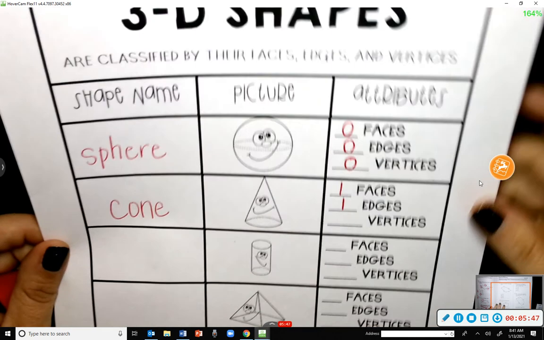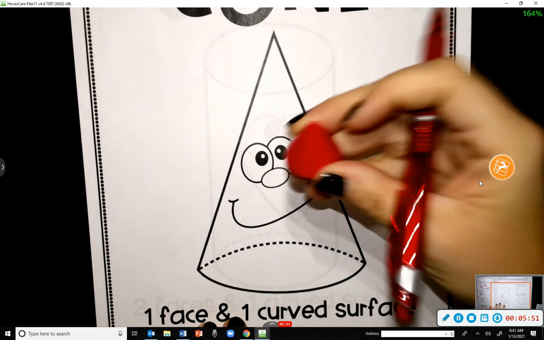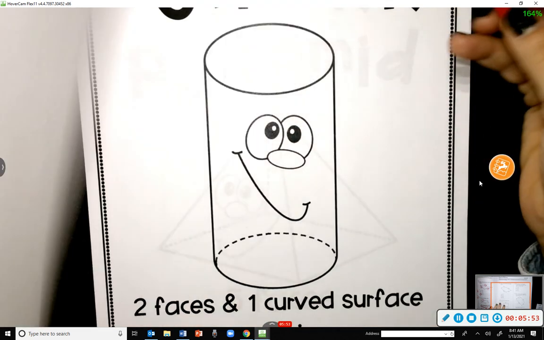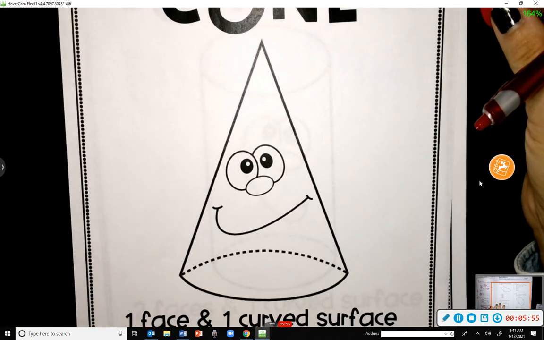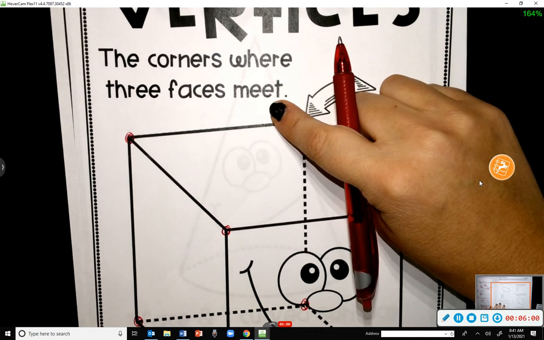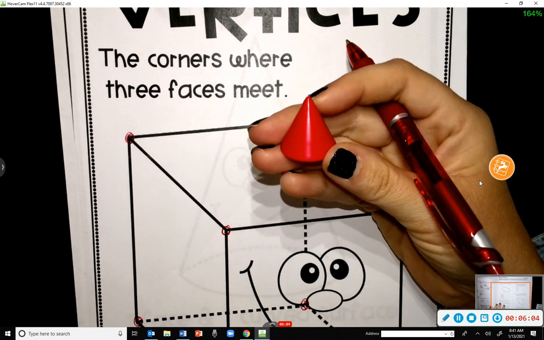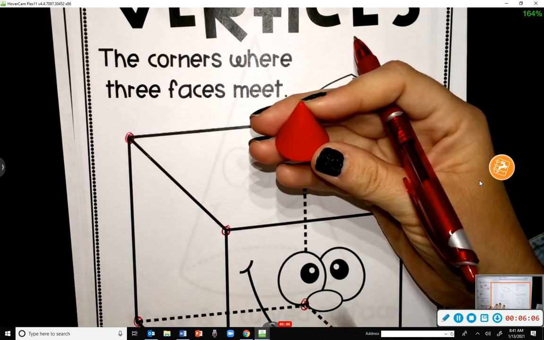Okay, and a vertice is a little tricky on this one because although we do see a point, we don't count that. Because if you look back at our definition of a vertice, it is the corners where faces meet. Okay, well, we don't have enough faces to create a corner.